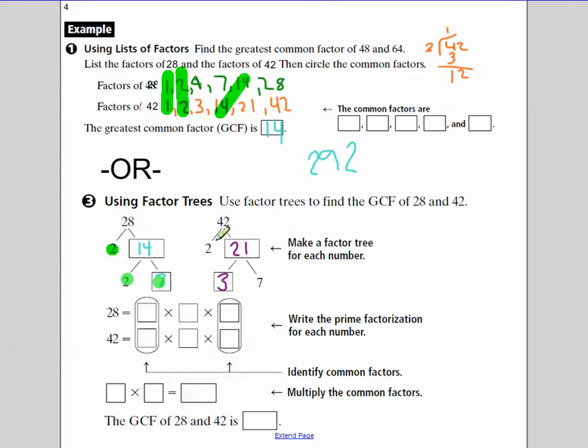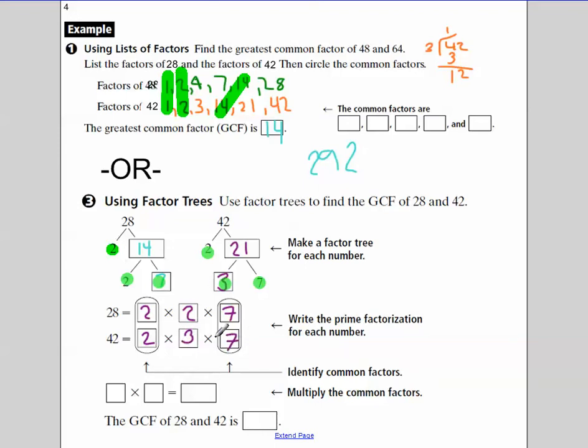So here is my prime factorization for 42. Again, I'm going to write that in my little boxes here. For 28, my prime factorization is 2 times 2 times 7. For 42, I have 2 times 3 times 7.